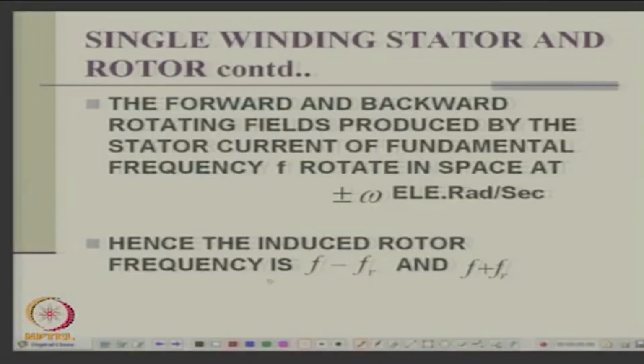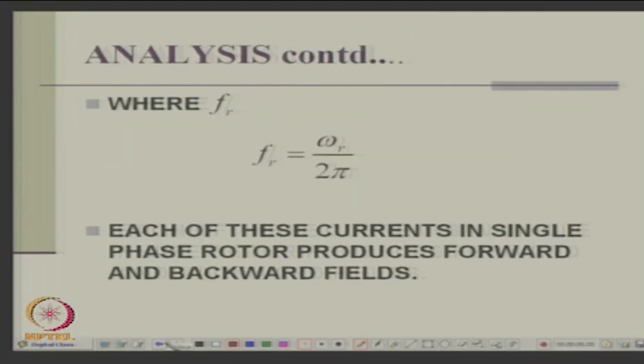Now, we have already discussed how it produces F minus Fr and F plus Fr. A winding in the stator, if you put F, the rotor will carry a forward field giving F minus Fr, and backward will give you F plus Fr, right. So if you put 50 cycles and the rotor is rotating at a slip of 10%, you will have 5 cycles and 95 cycles or so.